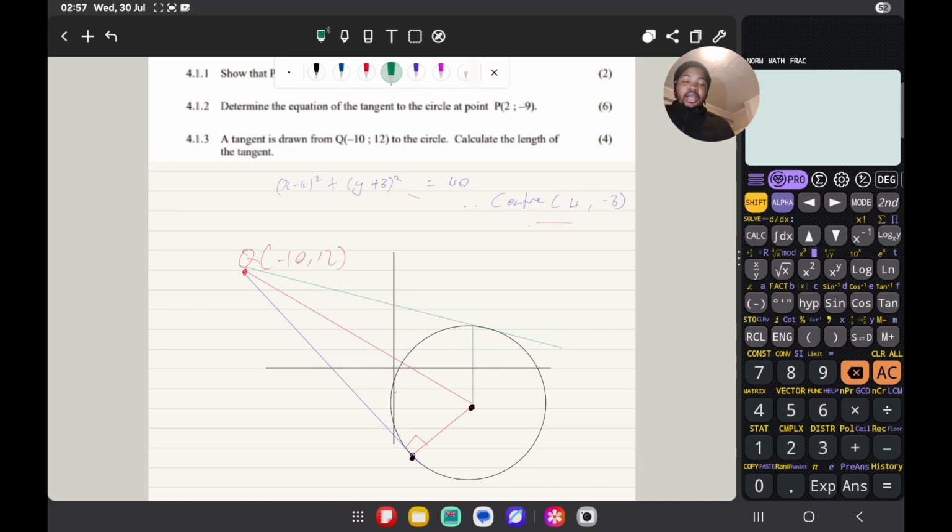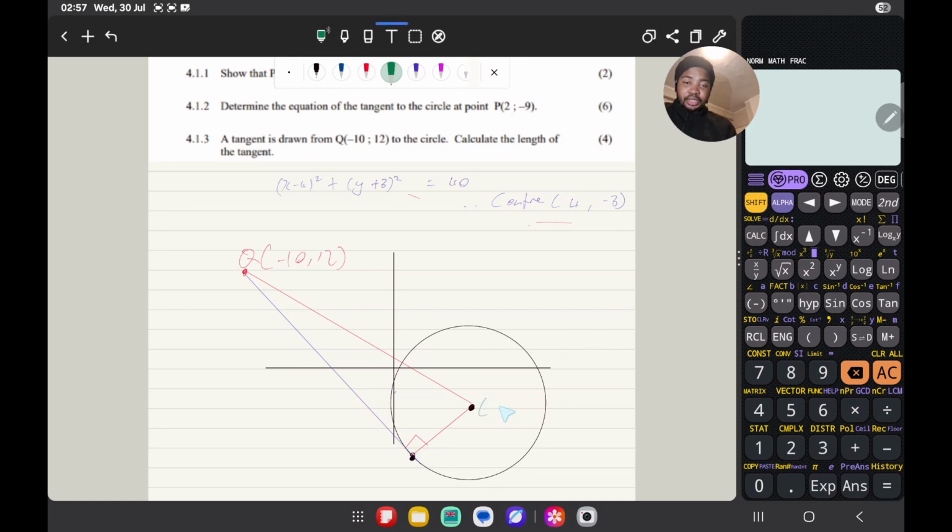So the diagram is just for illustration or just to help you visualize your calculations. Cool. So you have your radius here, and the tangent and the radius are perpendicular.